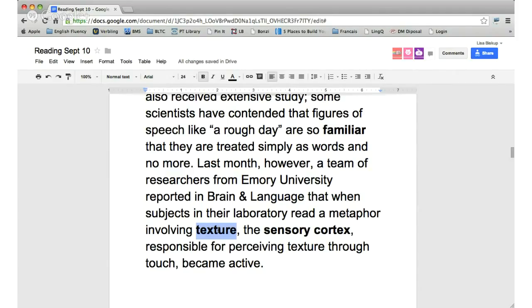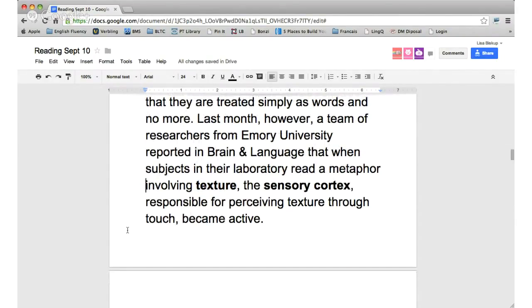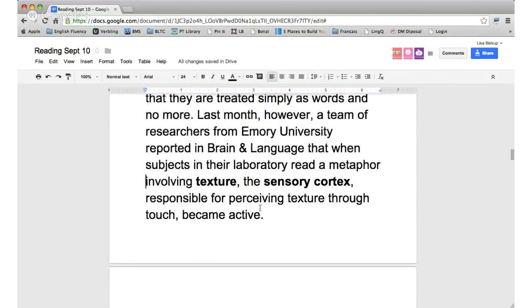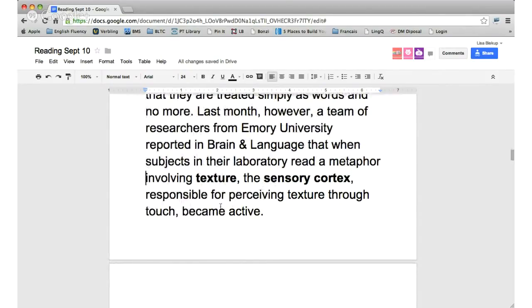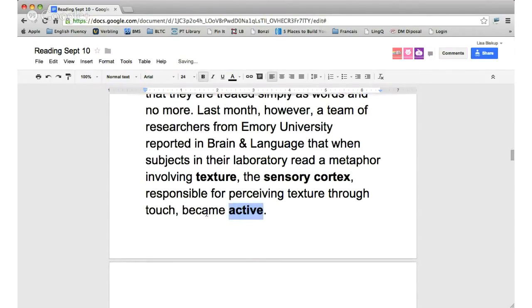So when you're reading a work of fiction and the author is describing perhaps the way somebody's clothing felt, or the couch the person was laying on, you can really get an image of that, or a feeling of that even, in your own mind while you're reading. That's because this sensory cortex is becoming active.